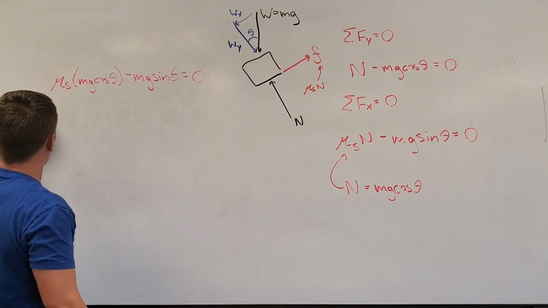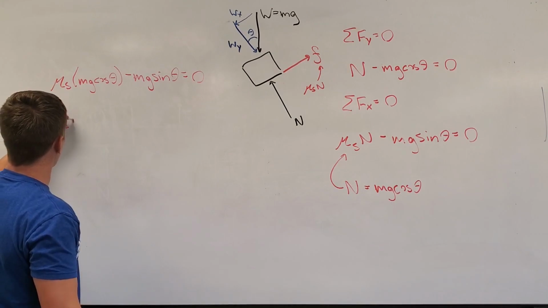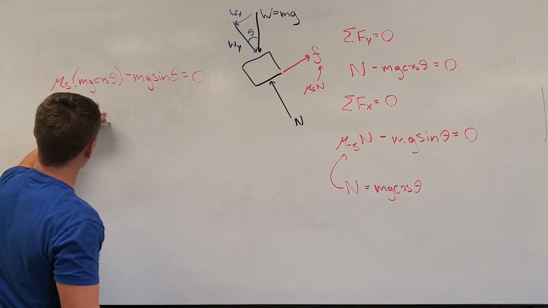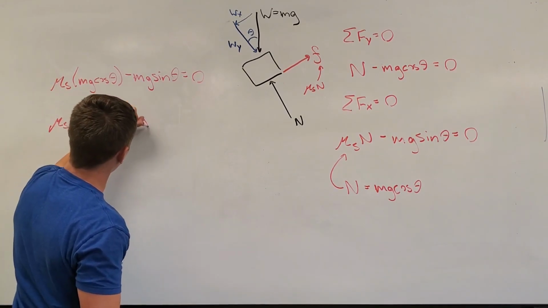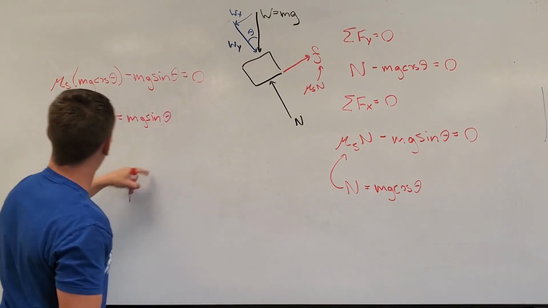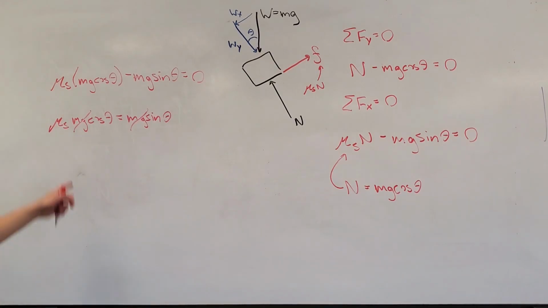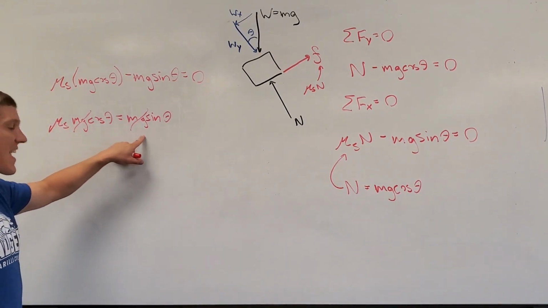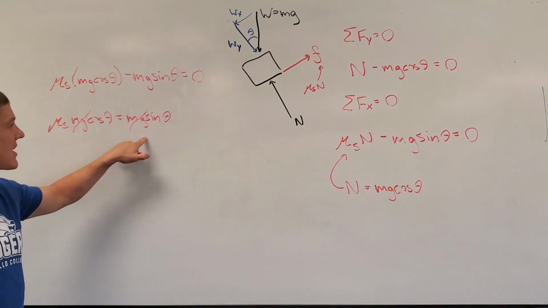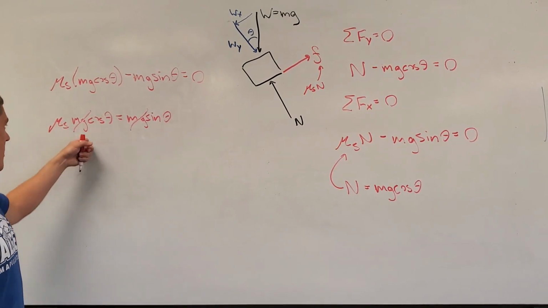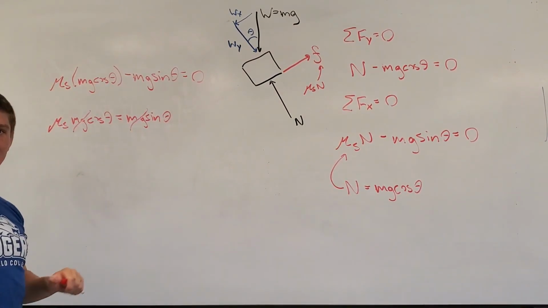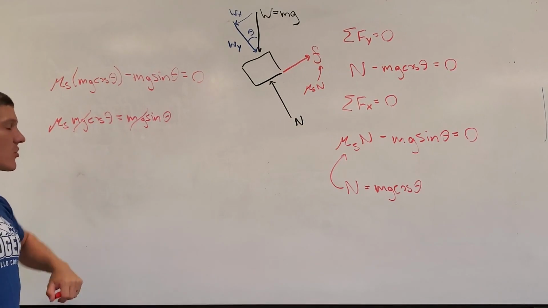So I get that my coefficient of static friction times mg cosine of theta is equal to mg sine of theta. I have an mg on both sides of my equation, so as it turns out, the mass of the block and the acceleration due to gravity don't matter.